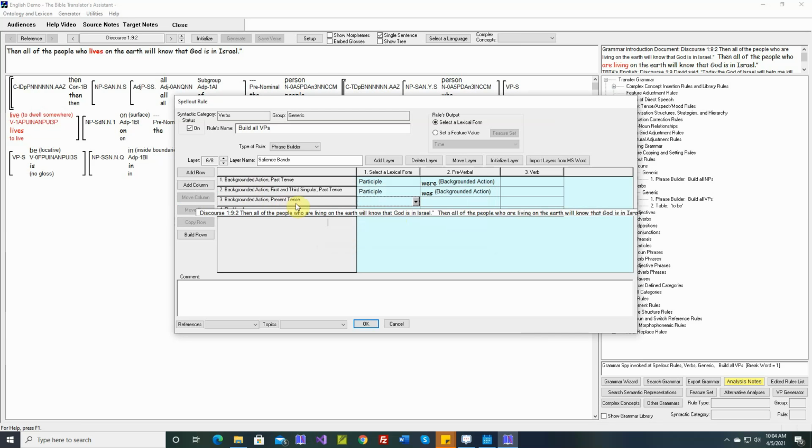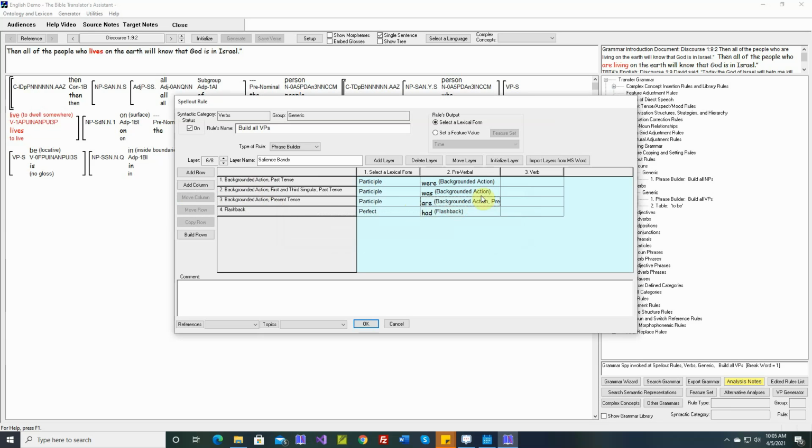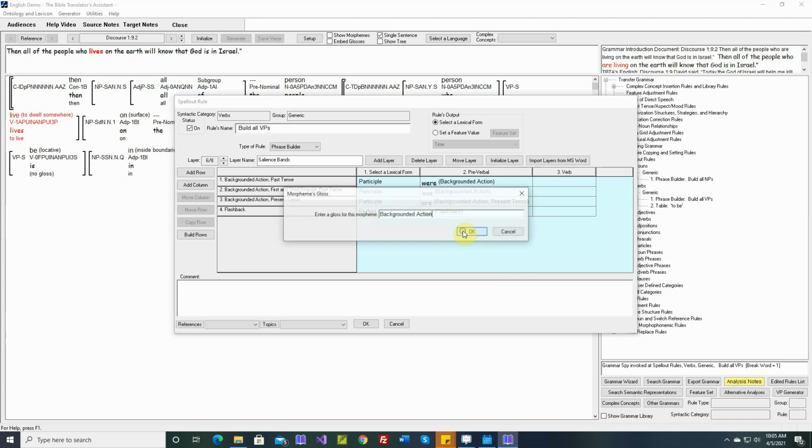Okay, so for present tense, we generally want the participle plus R. Let's go ahead and modify these. Backgrounded action.